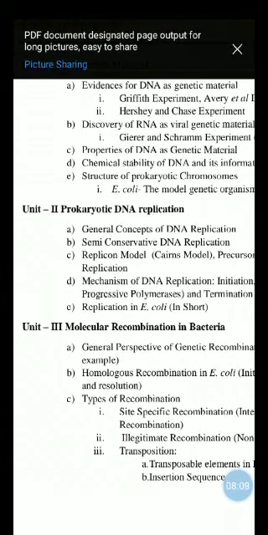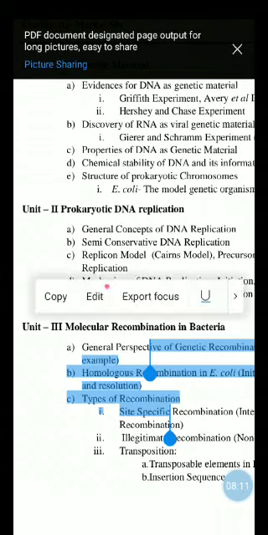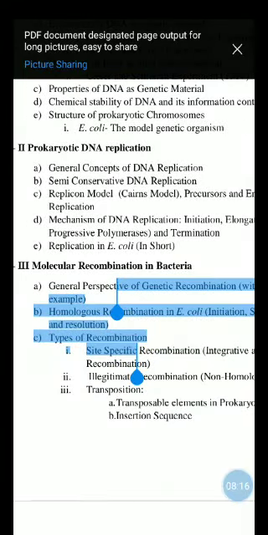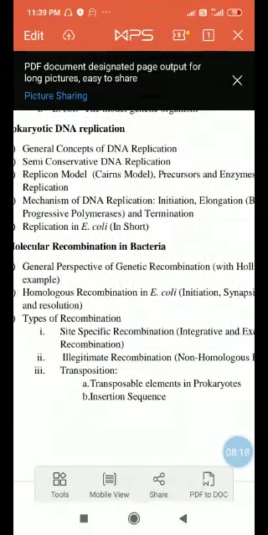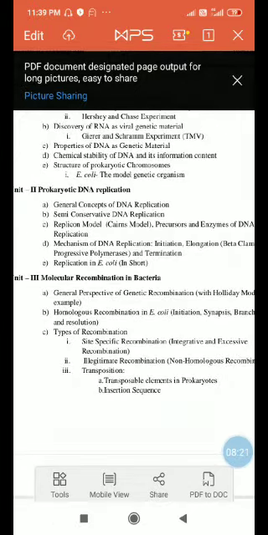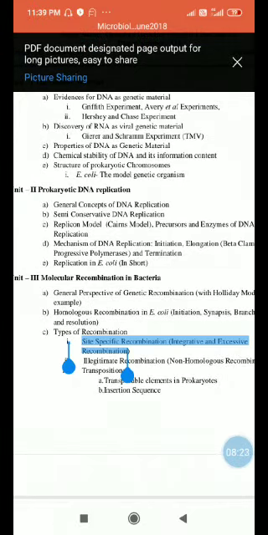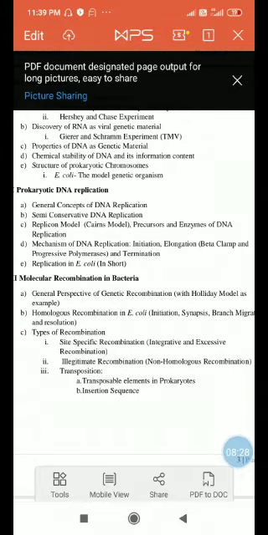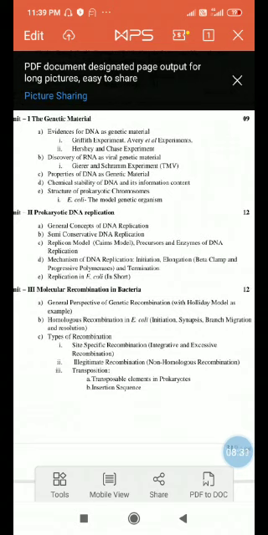Now we will see the syllabus of unit 3, molecular recombination in bacteria. The first, general perspective of genetic recombination with the Holliday model as an example. Then, homologous recombination in Escherichia coli. Under that, we will see initiation, synapsis, branch migration, and resolution.